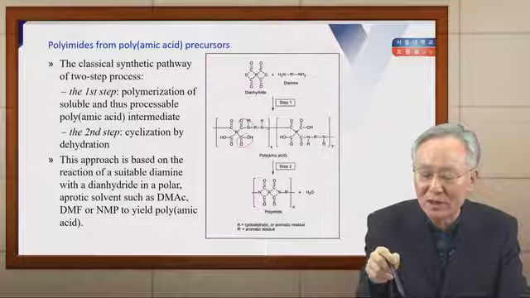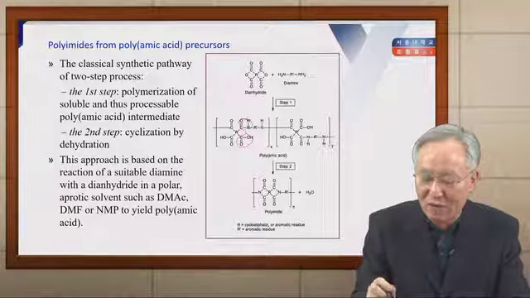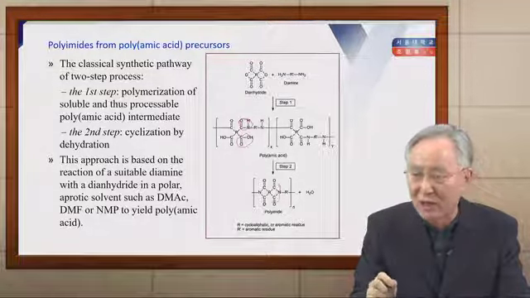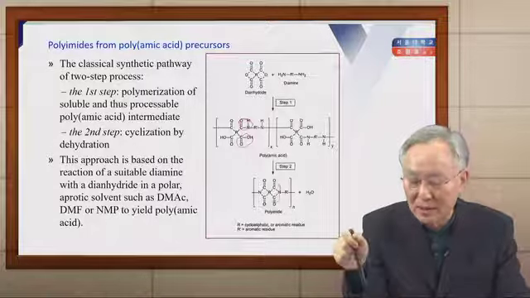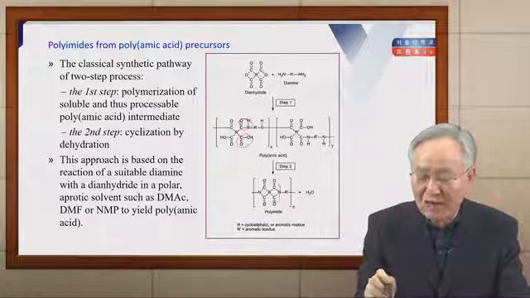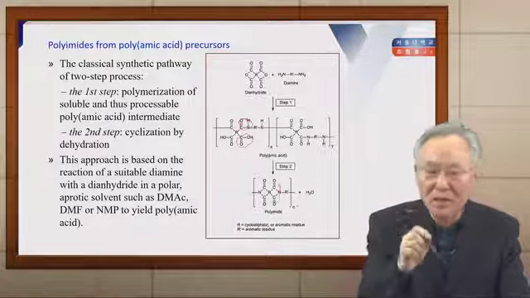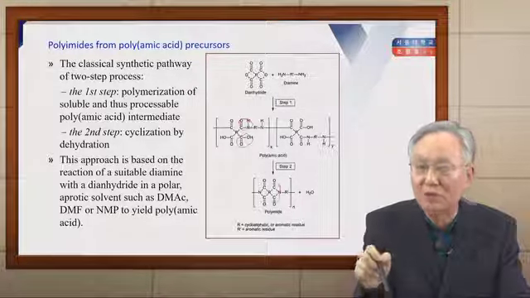If you further increase the reaction temperature, this amic acid is cyclized to form the imide group. This is a polyimide. Now this polyimide is not soluble in any solvent. Polyimide does not melt, so of course you cannot process polyimide anymore. In order to process polyimide, first you must use polyamic acid solutions.